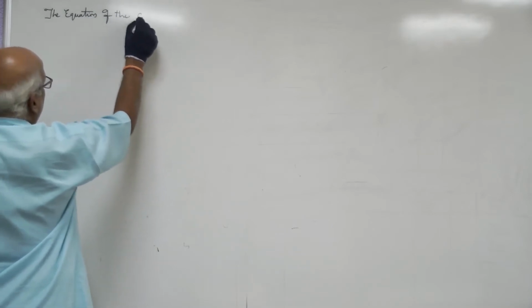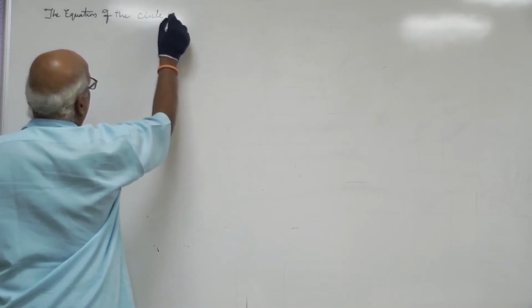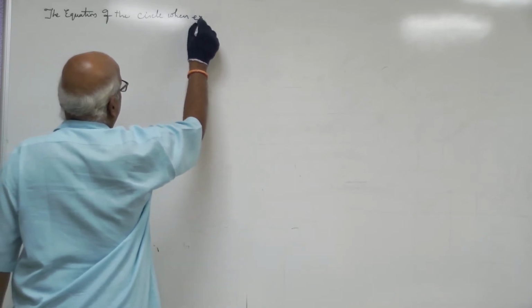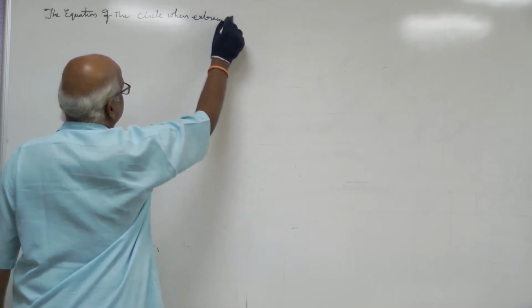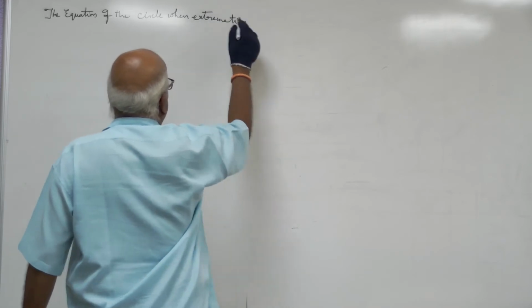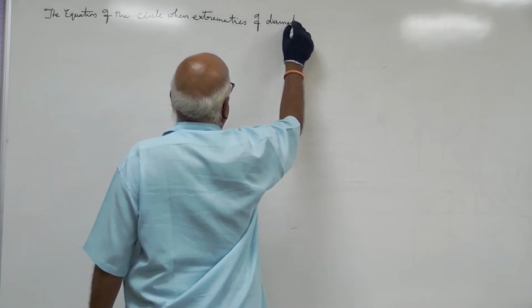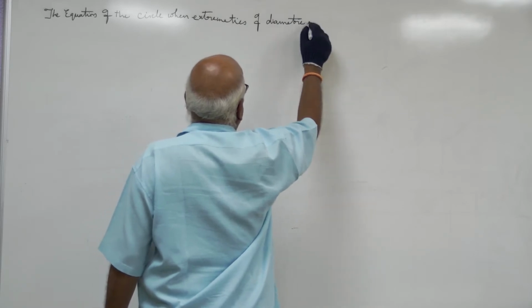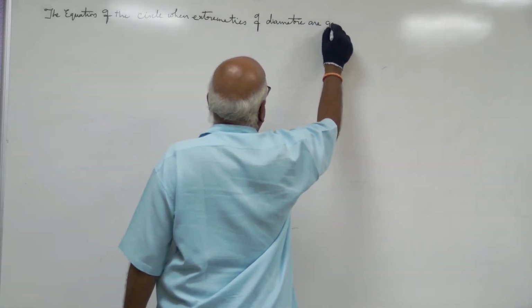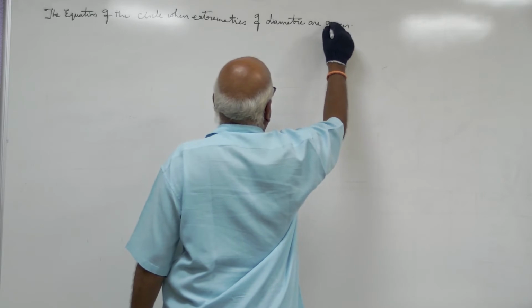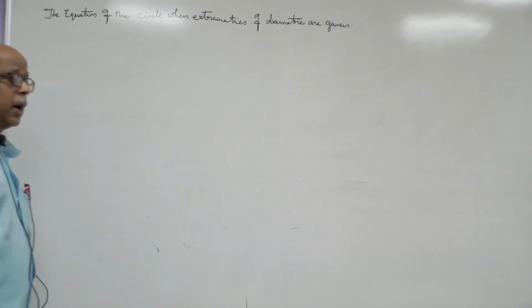Equation of the circle when extremities of diameter are given.